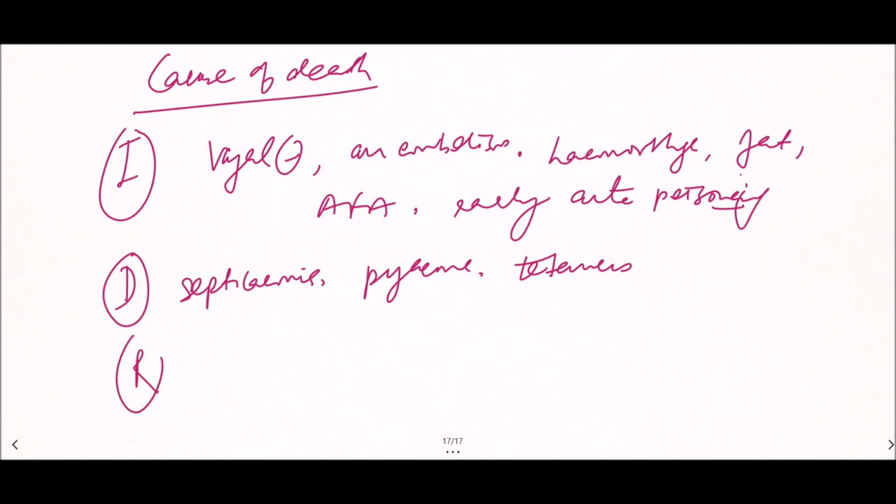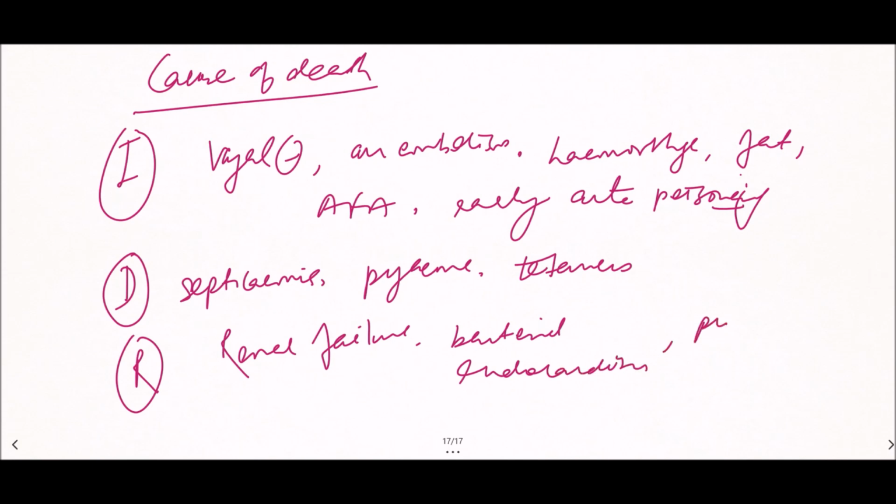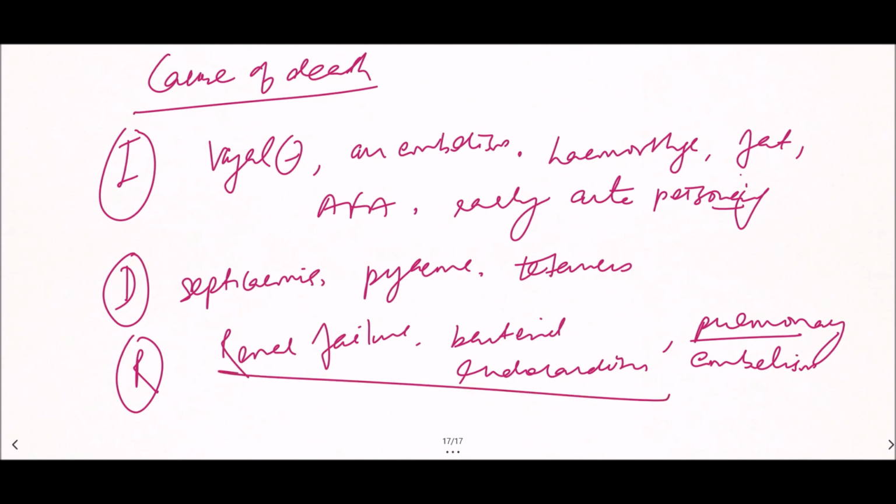Now, remote death in case of criminal abortion can be due to renal failure, bacterial endocarditis, pulmonary hemorrhage, or pulmonary embolism. So these are the various causes of death in case of criminal abortion.